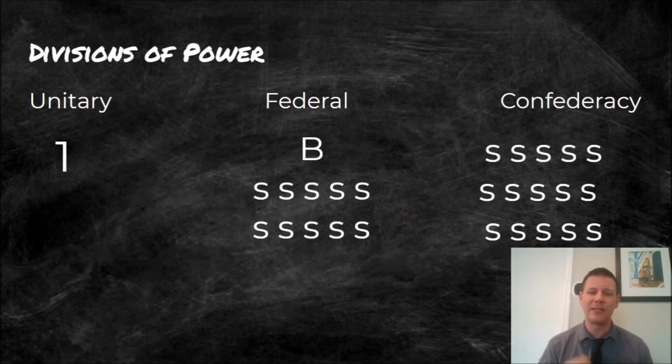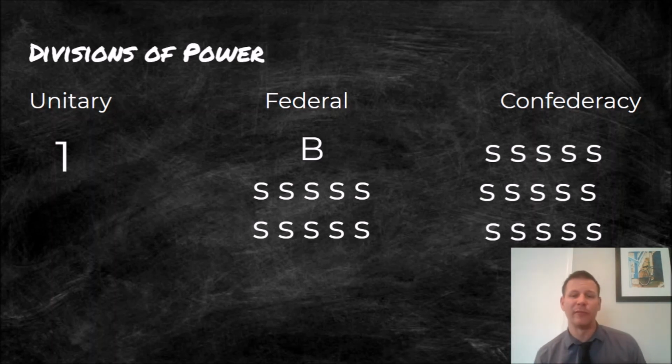I always tell my students there's a really easy way to remember this if you're taking notes, or just to remember kind of a visual, right? Very simply, if you think of a unitary government, just think of one, right? One group, one organization has all the power. That's it. Easy.